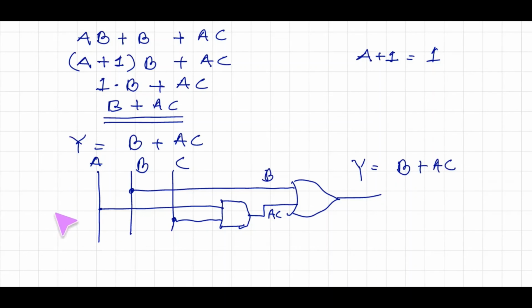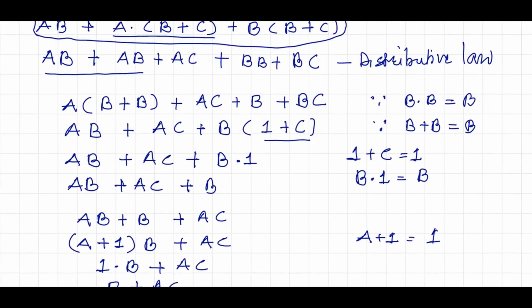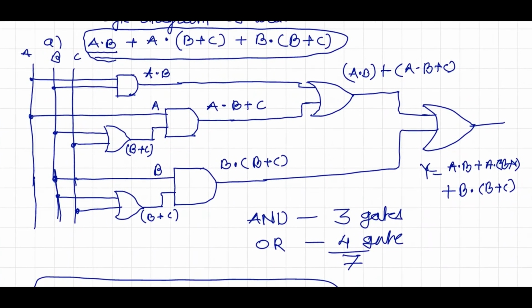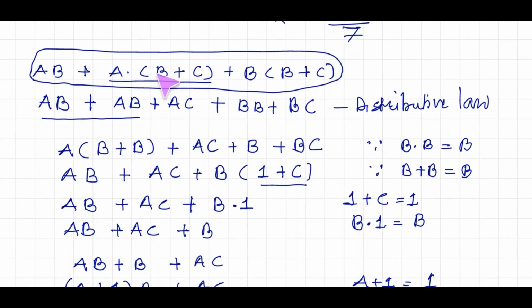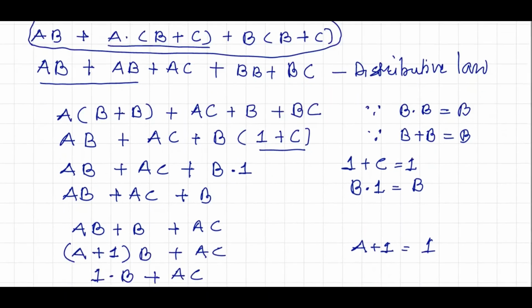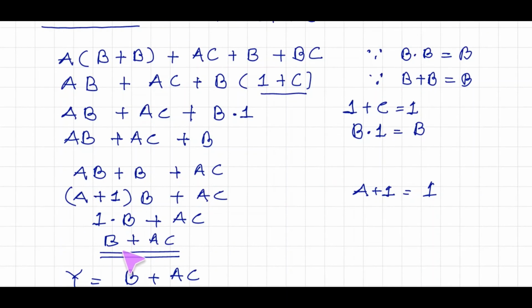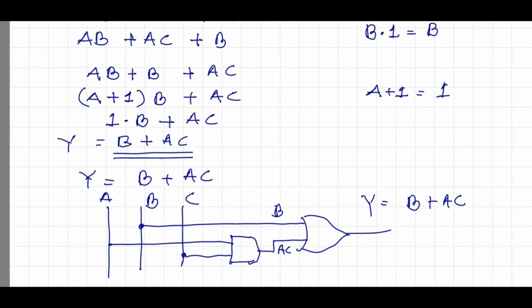Remember that the circuit which we have drawn is giving the same output as the original circuit. But the original expression is a complex expression, and using various Boolean algebra laws we have simplified it, and finally we got the simplified form, y equal to B plus AC.